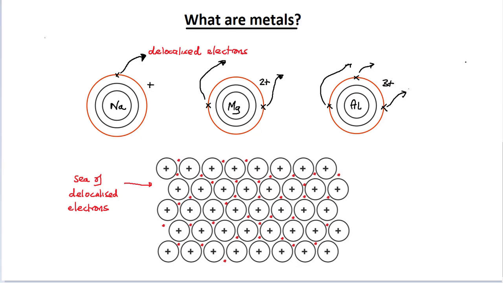The point is that metals come into existence because the atoms are able to lose these outer electrons. That's what enables this structure to form. The atom has to be able to lose either all or at least some of its outer electrons in order to form positive ions, and then these electrons are used to hold the whole thing together.